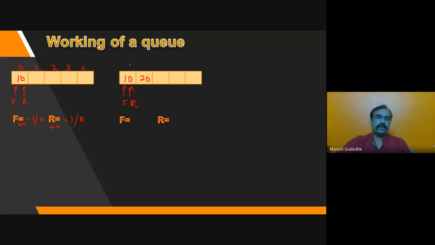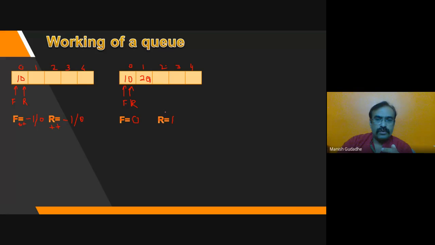We have added 20 in the queue. What will happen? As I said, we are going to add from the rear side of the queue, from the rear pointer. So how are we going to add it? We are going to keep front unchanged, because 10 will still be the first element, and you are going to change R to 1.